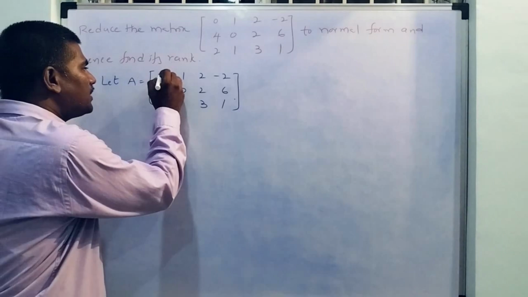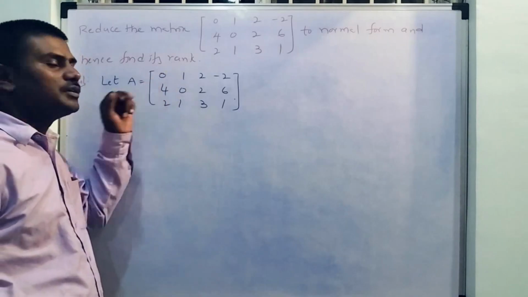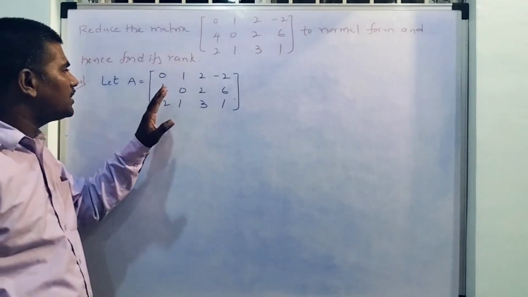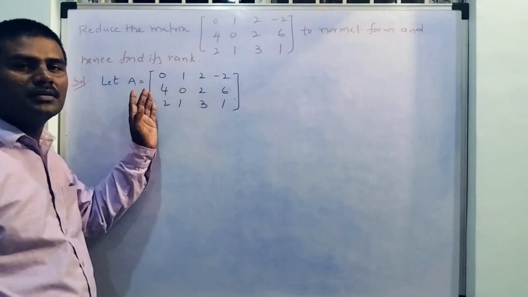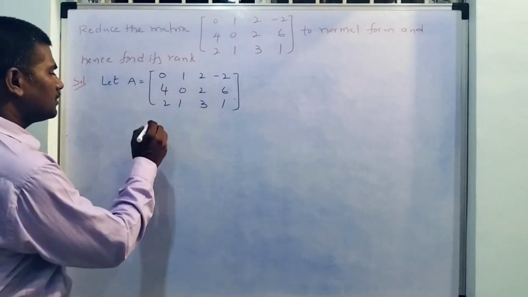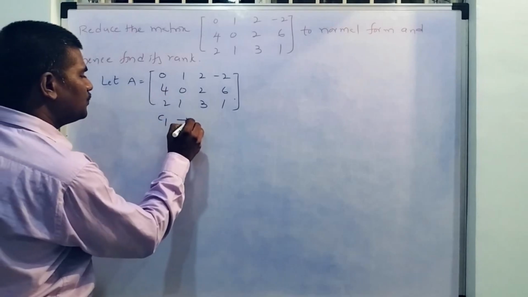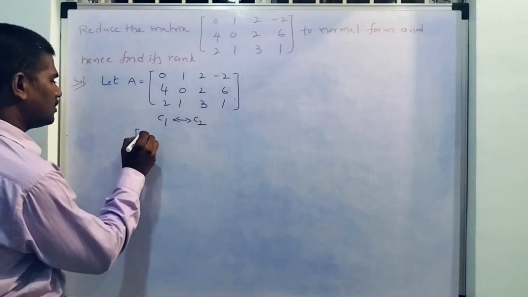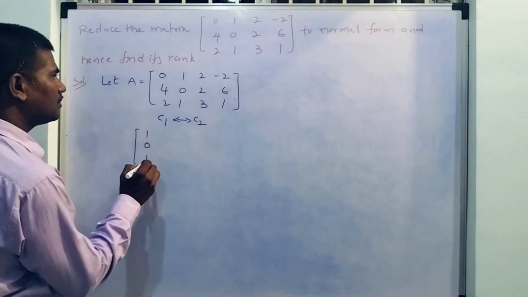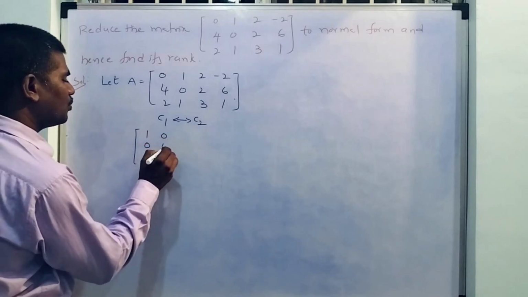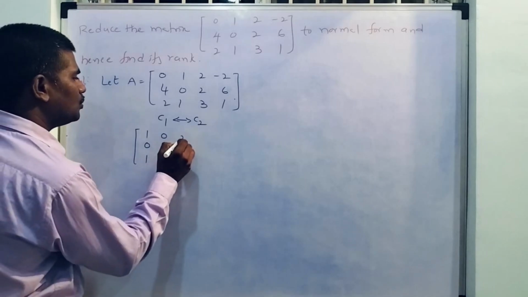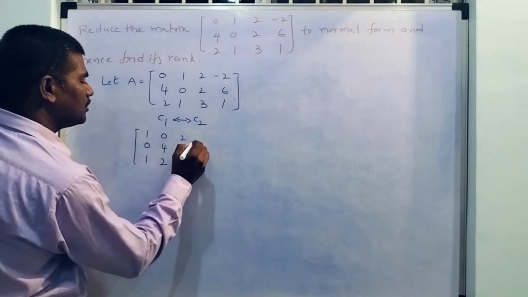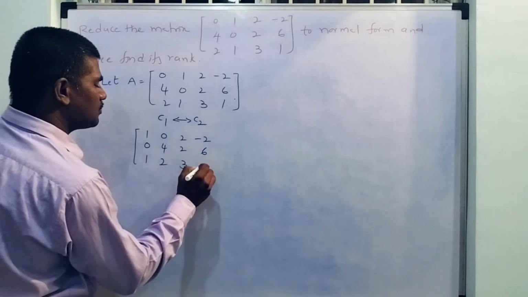But here the first element is 0. That's why I am interchanging the first column and the second column, C1 and C2, which gives 1 0 1 0, 4 2 2, 2 3 minus 2, 6 1.